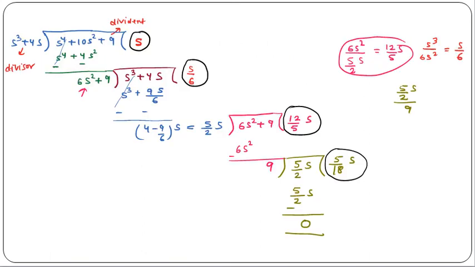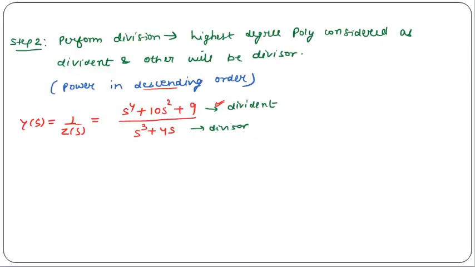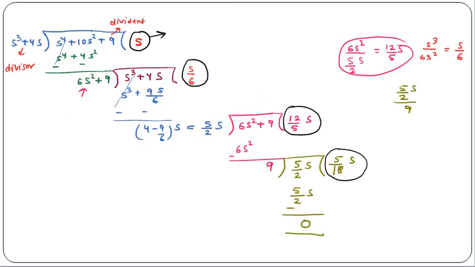Here the first quotient is s and its coefficient is 1. Because we have realized the Y of s function, we have solved for Y of s. So this is the first element, and it will be known as y1. Now the next element will be present in series, so it will be z of 2 because it is the second element and it is present in series.